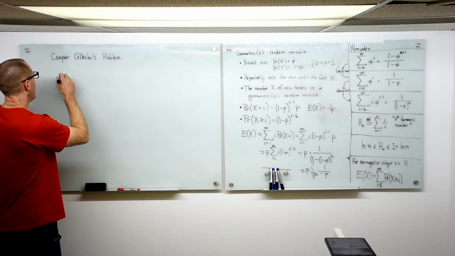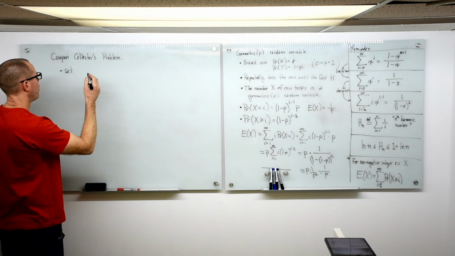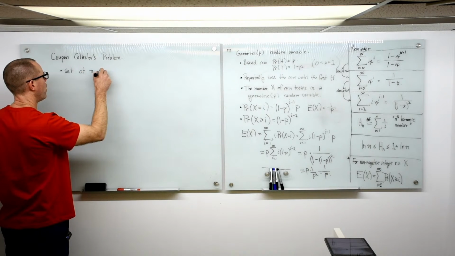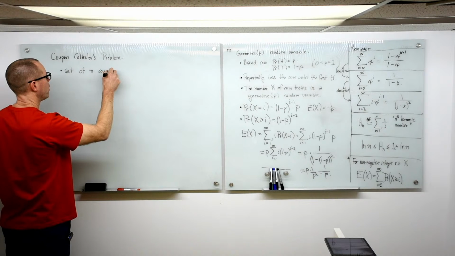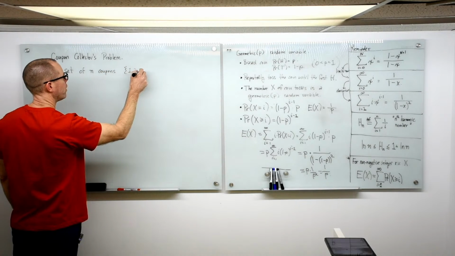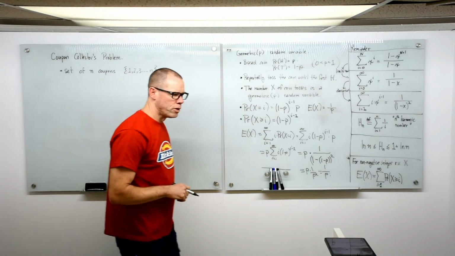Okay, so you have a set of n coupons, and let's just call them 1, 2, 3 up to n. Might as well be collecting integers.